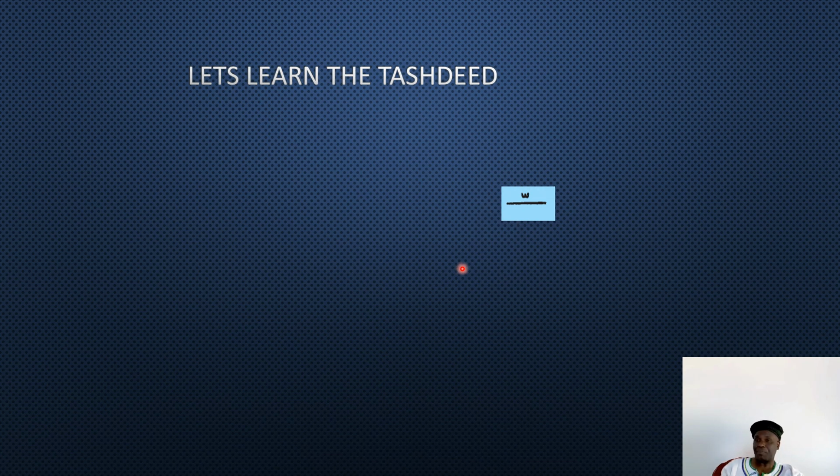You have to use more force to pronounce it, like ba ba. If you put it on a lam, it could be la. It's like you are putting double letters on it. So it's very, very important that we know exactly how to pronounce this vowel.